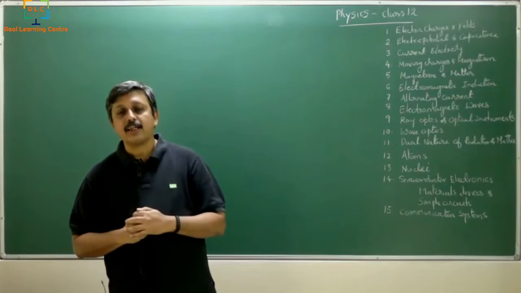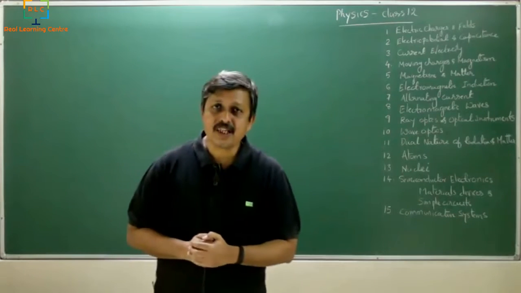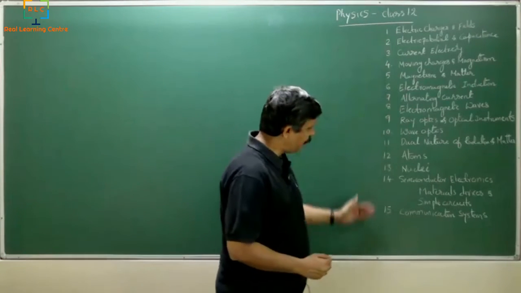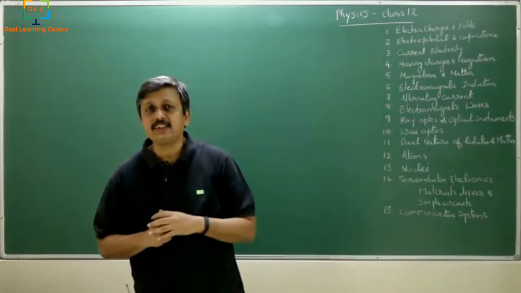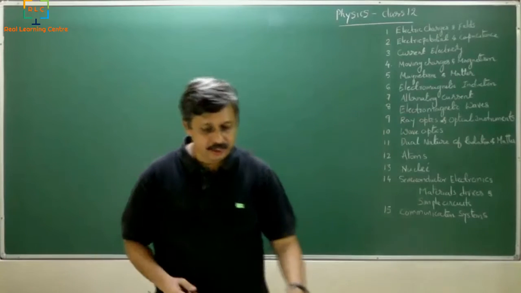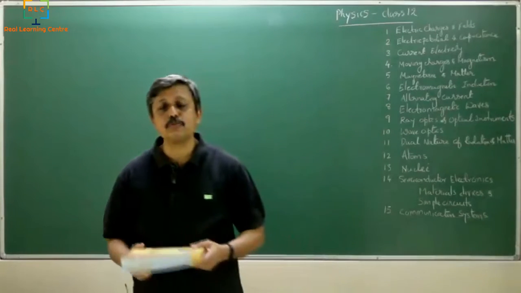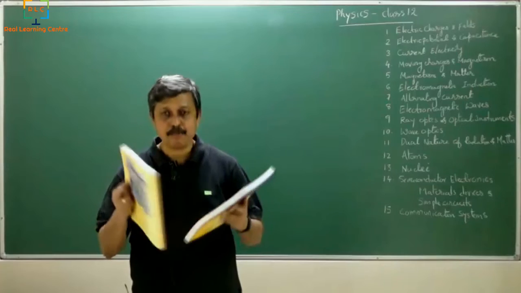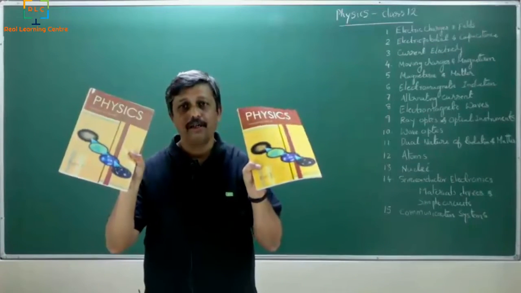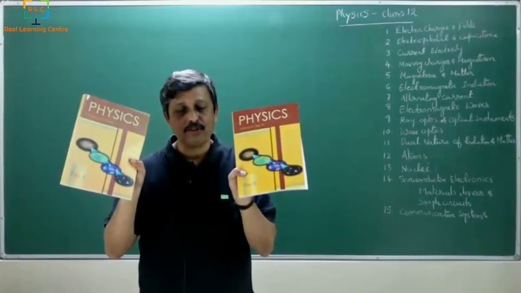If you see, the topics that are going to be covered are all listed here from chapter 1 to chapter 15. These chapters are covered mainly in the NCERT book, and there are two books, which we call part 1 and part 2. These are the two books that we are going to base whatever we do on.